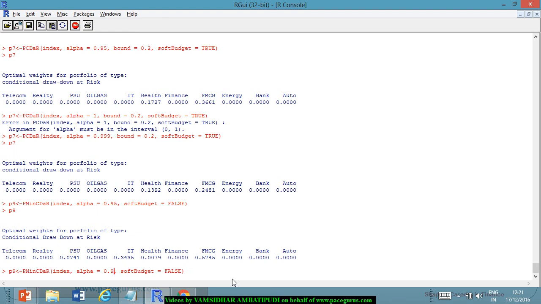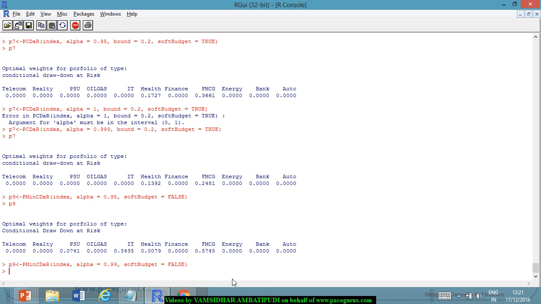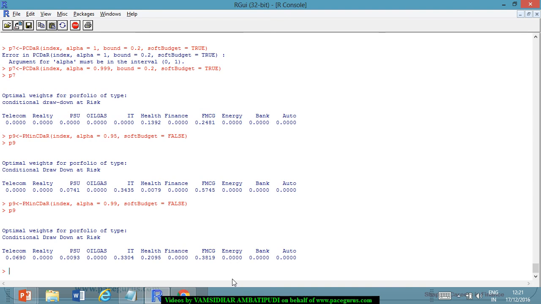Provided I am going with a 99% confidence level, again my weight allocations could change. PSU has gone down quite drastically to 0.93%. IT is more or less stable at 33.04%. Healthcare has risen drastically to 20.95%. FMCG has fallen to 38%.